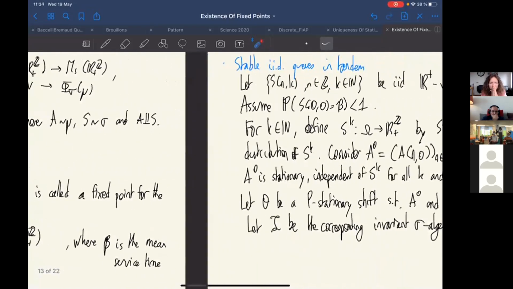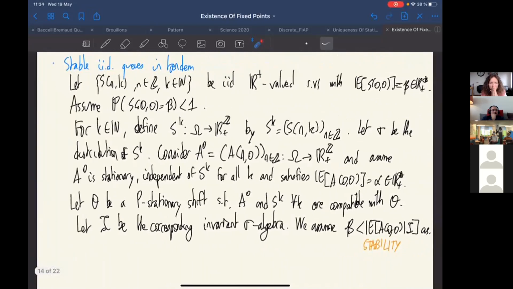Okay. So now we extend what we've defined to the case of an infinite tandem of Qs. We define exactly the same thing for stable i.i.d. Qs, but now we assume there's an infinity of them, with customers going from one to another. So you call S_K the i.i.d. service times, and you assume their mean is equal to beta. And you call S_K the service time of Q_K for all the customers, and we call sigma its distribution.